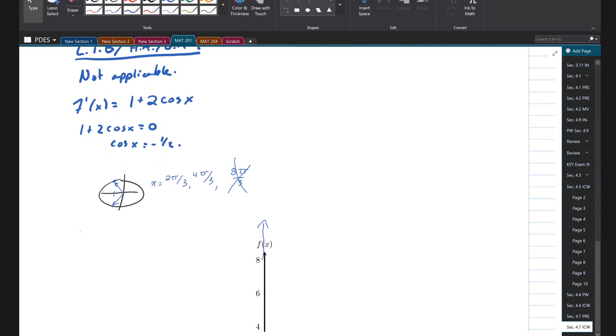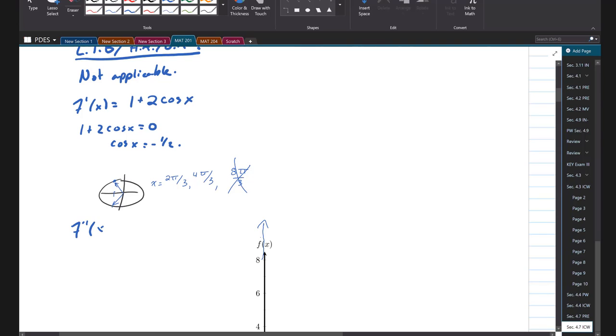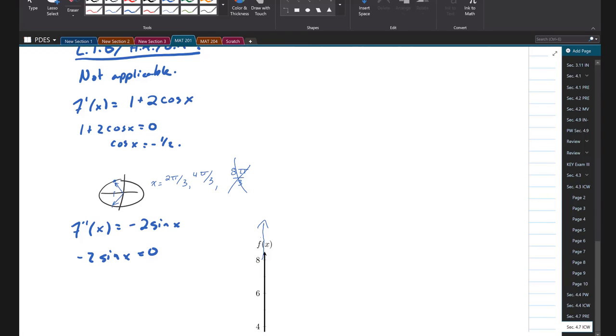Okay. Now we're going to go ahead and take the second derivative of this function. And that's equal to -2 sine of x. And if I set -2 sine of x equal to 0, folks, again, as we go further along, I'm going to be reminding you of less and less. One thing that in my head I just checked before I even did that is I asked, where is the second derivative undefined?